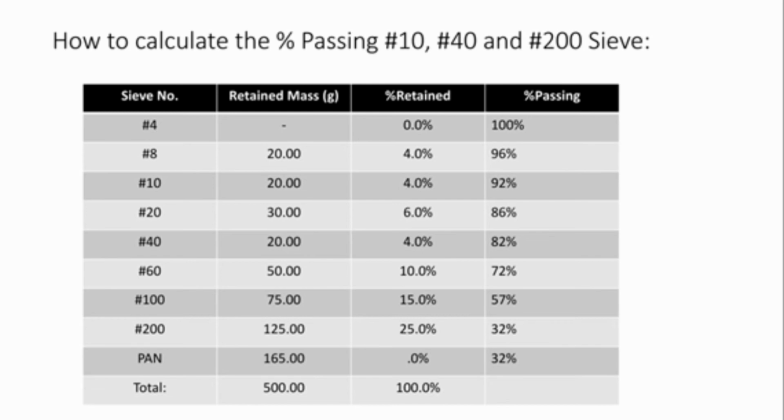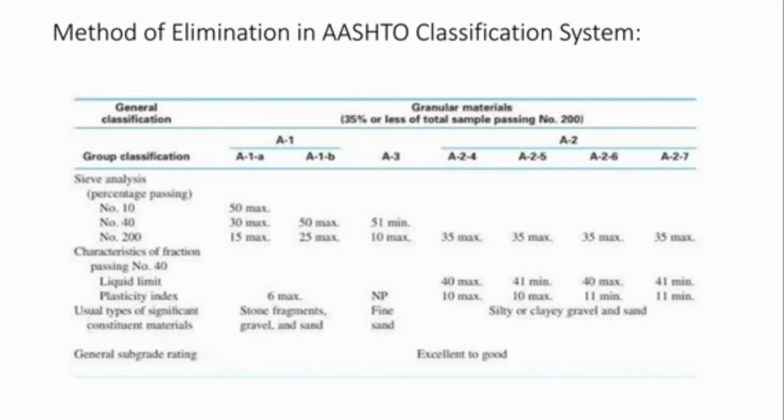Then we will get the percent passing of number 10. So the formula we will use is percent retained minus percent passing of the sieve. So that's simple.